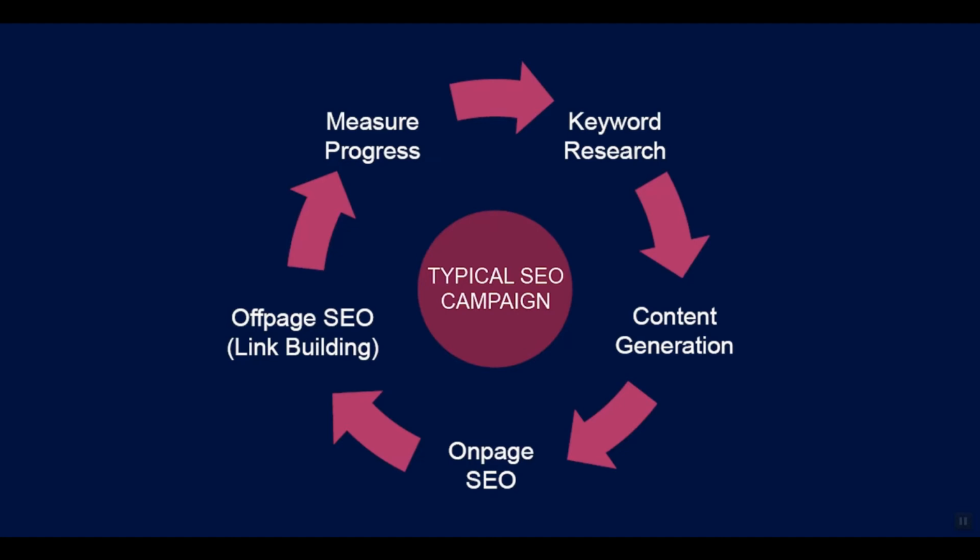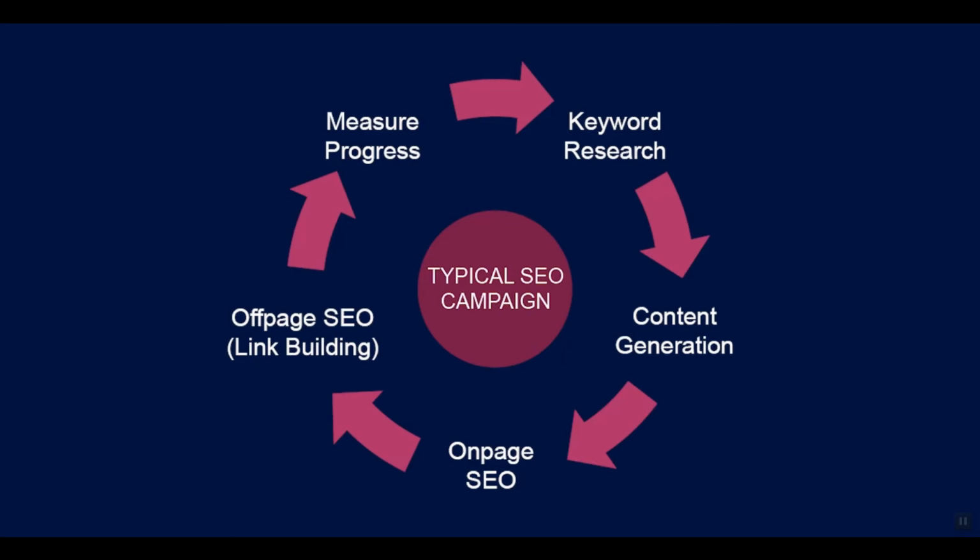Now, on-page SEO is basically the process where you optimize your website to ensure it has a strong SEO foundation. Then once you finish optimizing your website, you are going to move on to the fourth part right here, which is off-page SEO. This is typically referred to as link building, so building backlinks to your website.